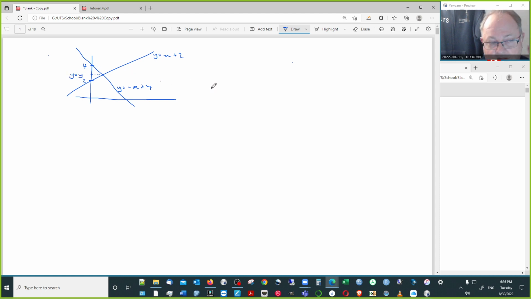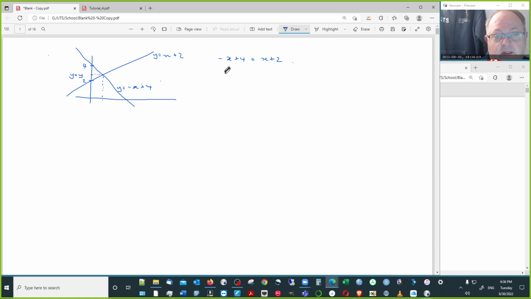But what we notice is that's the left hand side of the equation. The right hand side of the equation is saying that minus x plus 4 is equal to x plus 2 at some point, and that's where the x's coincide for the solution.